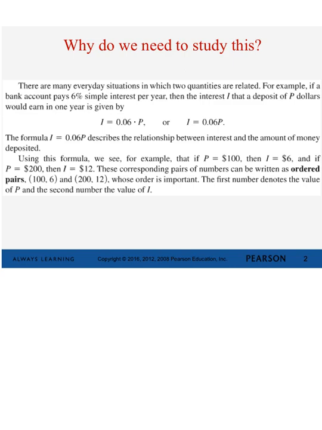So, for example, in this particular problem, if P was equal to $100, the amount of interest earned then would be $6, and if P was equal to $200, then your interest amount would be $12. So these corresponding pairs of numbers are written as what we call ordered pairs.